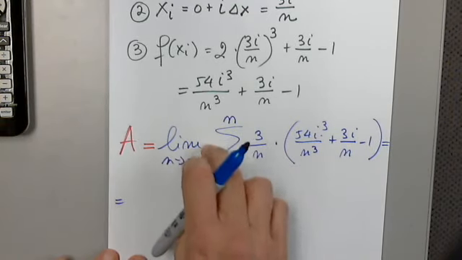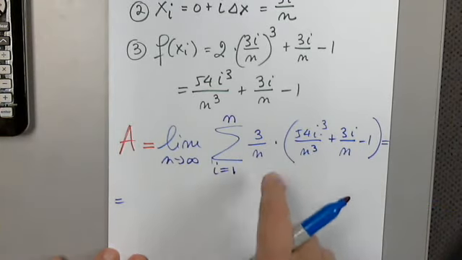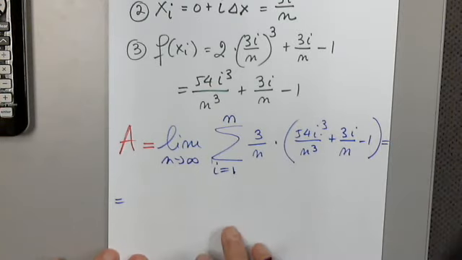I will bring 3 over n outside. I will distribute these to 3 terms, moving the constant outside. The constant outside. Is that okay?